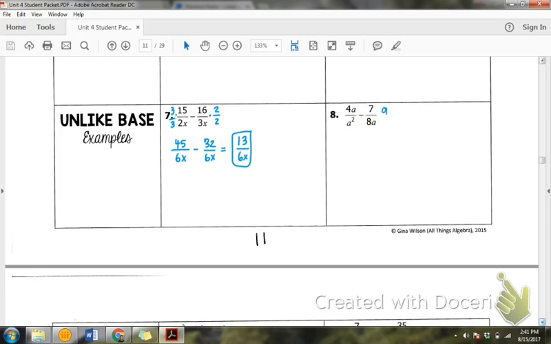Good. A over a. That's what I thought. And then you're going to ask yourself, what is this fraction missing that this one has? It's an 8, right? It's missing an 8. So that's what we're going to multiply by. 8 over 8. Because remember, if you do 8 over 8, it's still the number 1.